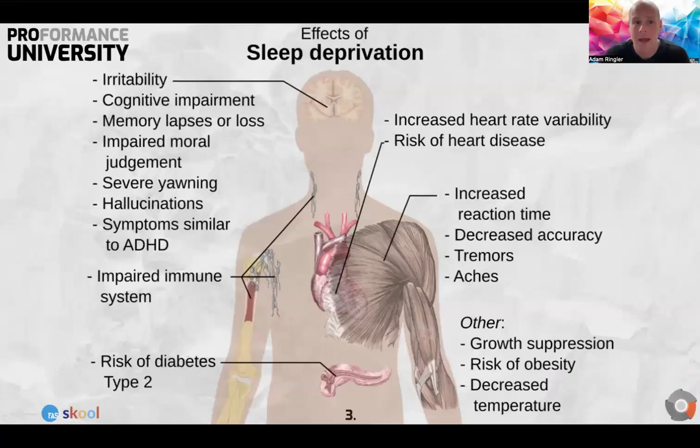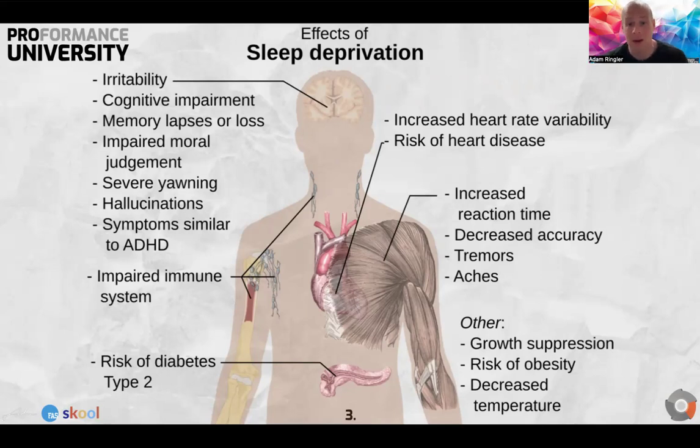In addition to that, when you are underslept or you accumulate a bunch of sleep debt, irritability sets in, cognitive impairment, right? Impaired moral judgment. You have, in extreme cases, like we're talking 2 days, 3 days, hallucinations, similar symptoms like ADHD type of symptomology, impaired immune function, risk of diabetes.